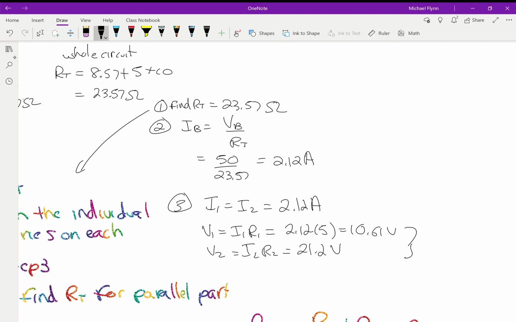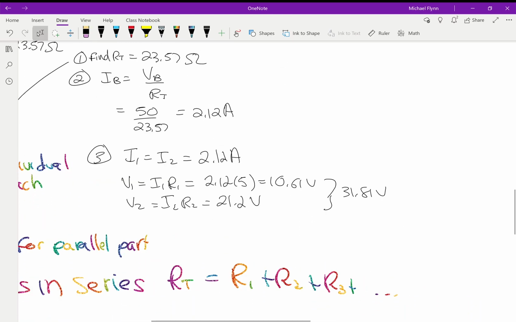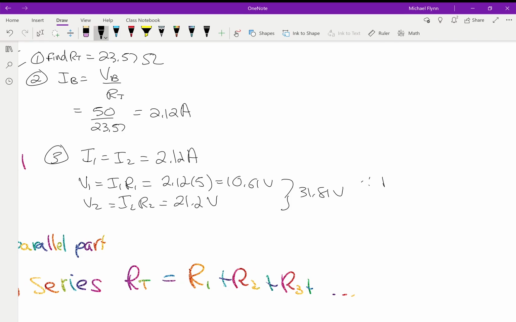So I get here the total is 31.81 volts, and therefore the remaining voltage will equal what's left over for V3 and V4. So it's going to be 50 minus 31.81. I'll show you why that's true in a second just by looking at the picture.